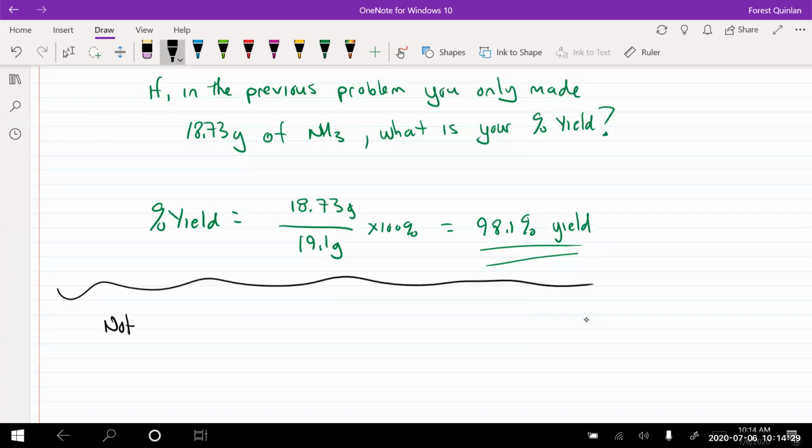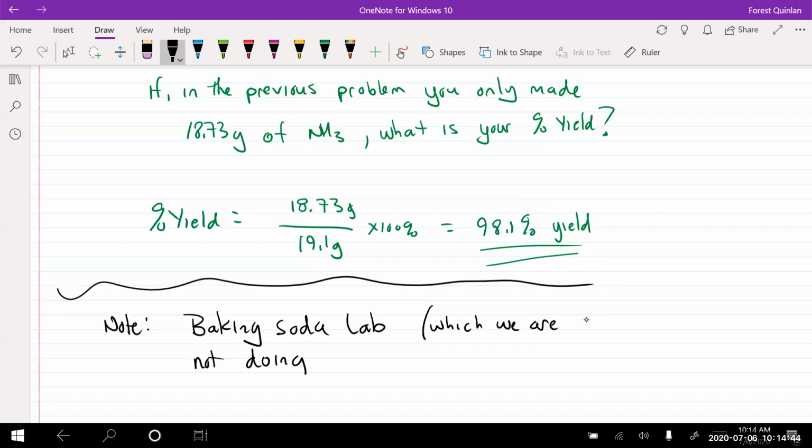We're not doing it because no matter which way Dr. Hansen and I tried to make this lab anything more than staring at some white powder and weighing white powder and giving you numbers about white powder, everything was lost.